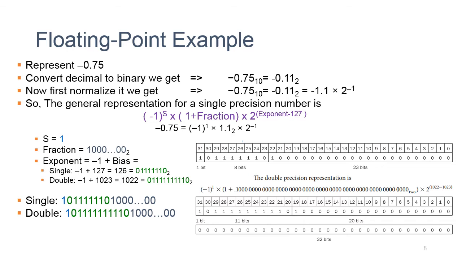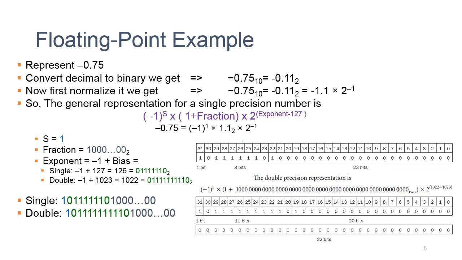Now we clearly see that we move the binary point towards the right so that there is a 1 in the leading position. The general representation for a single precision number is (-1)^S × (1 + fraction) × 2^(exponent - 127), and we write this number in this form.